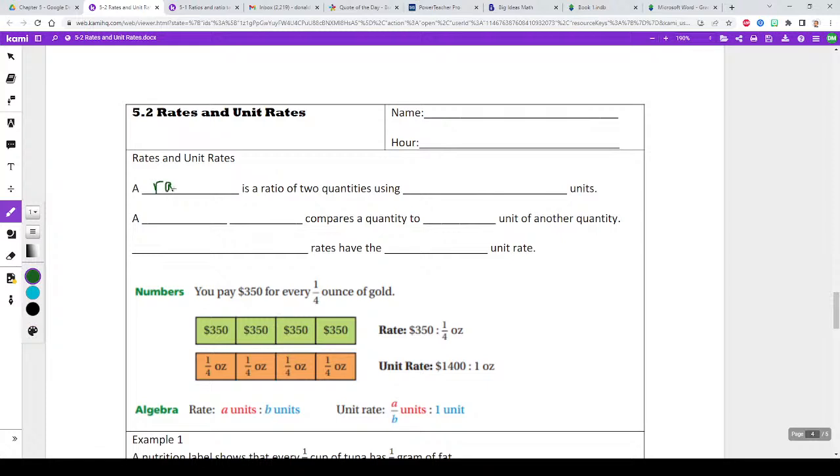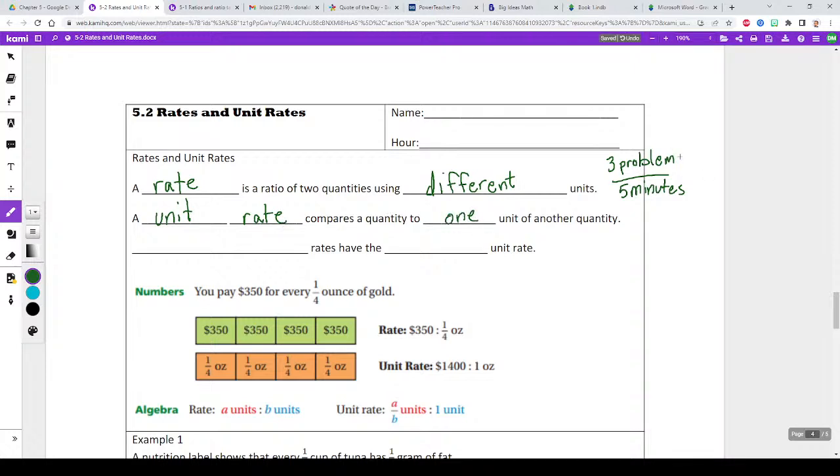A rate is a ratio of two quantities using different units. So my example would be 3 problems every 5 minutes. And so if we look at that, we've got a rate. But a unit rate is different because a unit rate compares a quantity to 1 unit of another quantity.